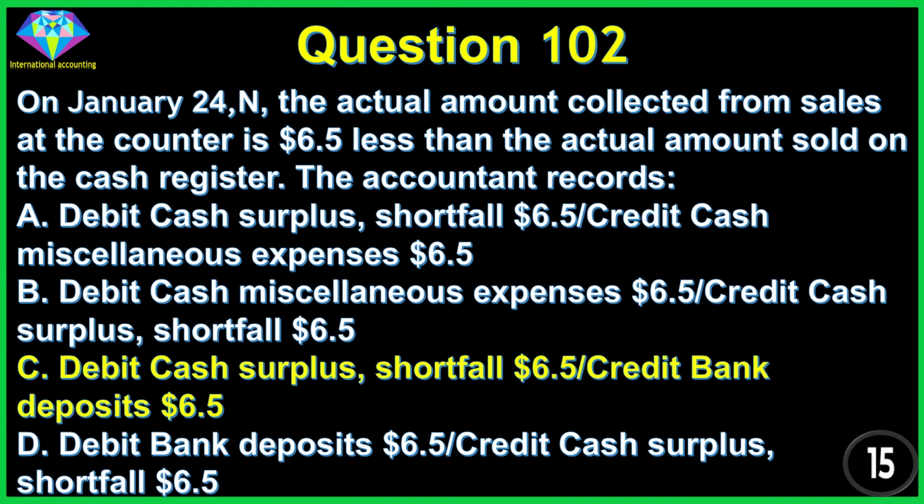The answer is C. Debit cash surplus, shortfall $6.50 per credit bank deposits $6.50.